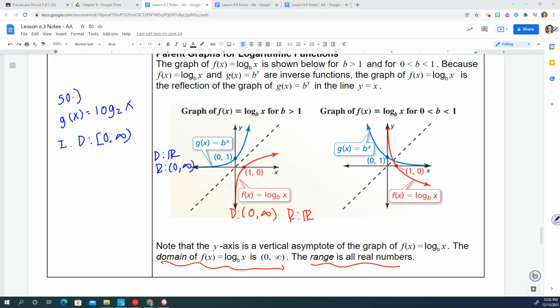The reason that one is false is because it's including 0, and there's an asymptote here. We can't take the log of 0. You can try this in your calculator. Take the log of 0. It's going to tell you domain error. So the only piece that makes this false is that they put a closed bracket here. You guys know that notation, right? That means including 0. So that one's false.